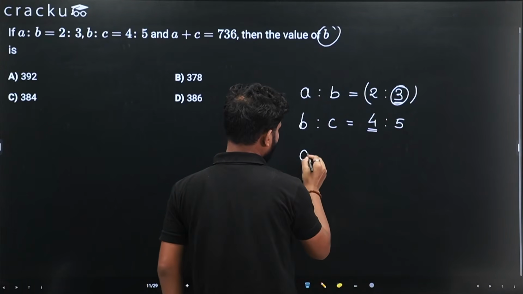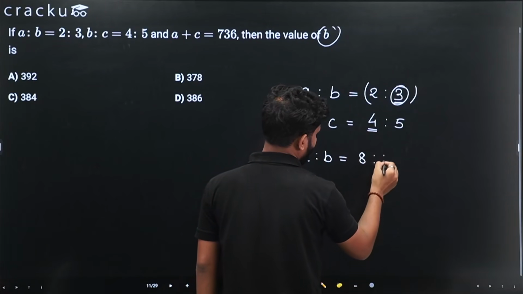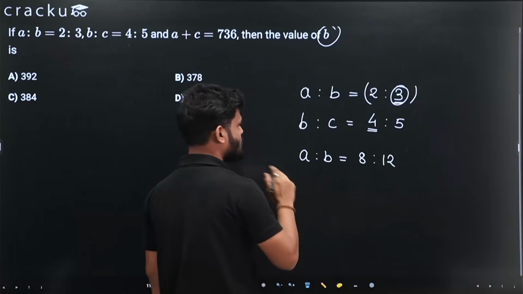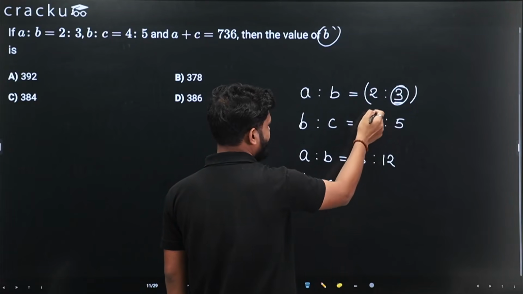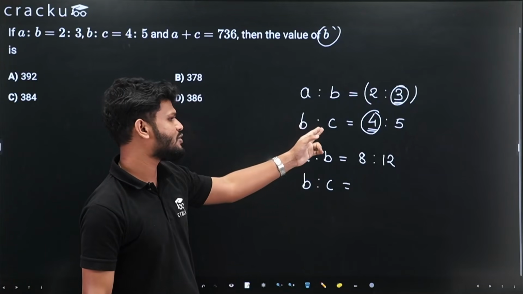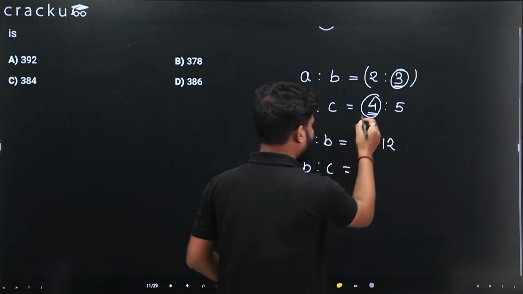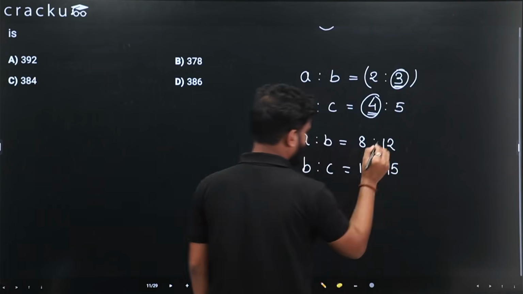4. So A is to B will be 8 is to 12. 8 is to 12 is still 2 is to 3. To make B is to C, in there we have 4. To make this 4 as 12, we have to multiply B is to C by 3. If you multiply it by 3, it will be 12 is to 15. Correct?